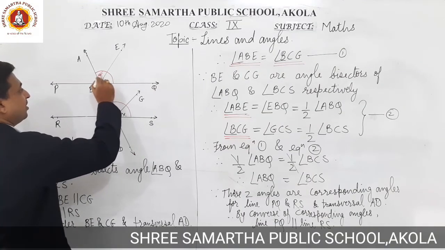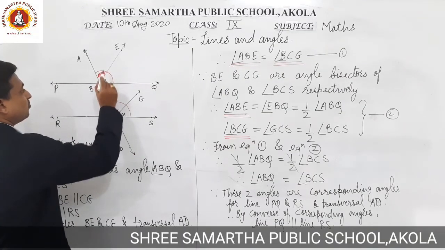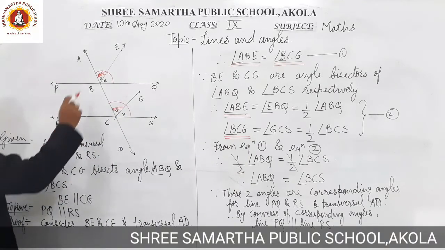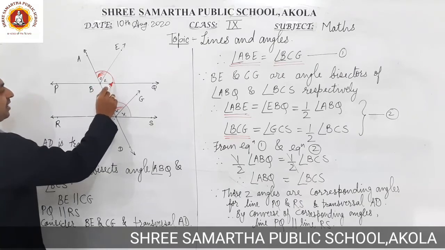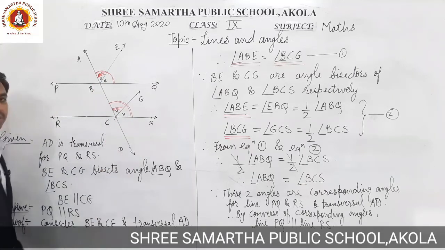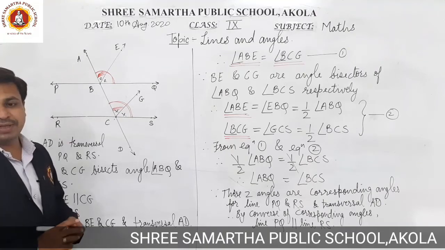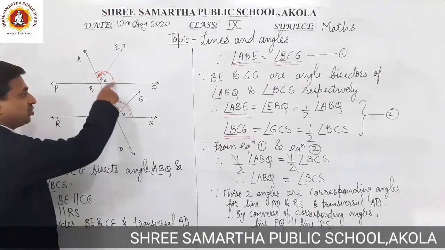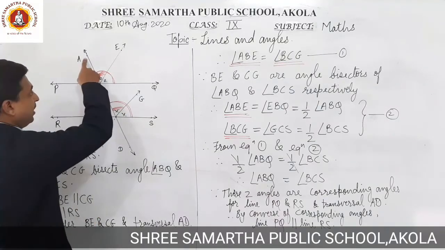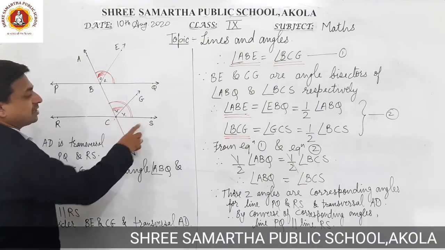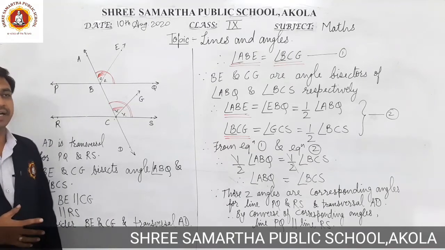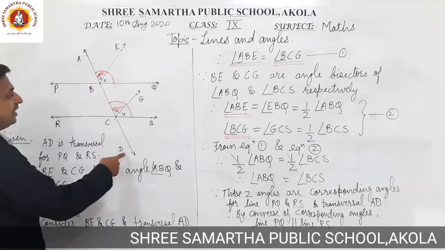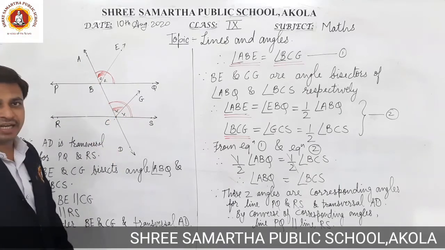Therefore this angle is equal to this angle because they are corresponding angles. So 2 times of this angle, that is this complete angle, will be equal to 2 times of this angle. So these two angles will be equal, that is angle ABQ and BCS. If you observe these two angles, for PQ and RS and transversal AD, they are nothing but corresponding angles.